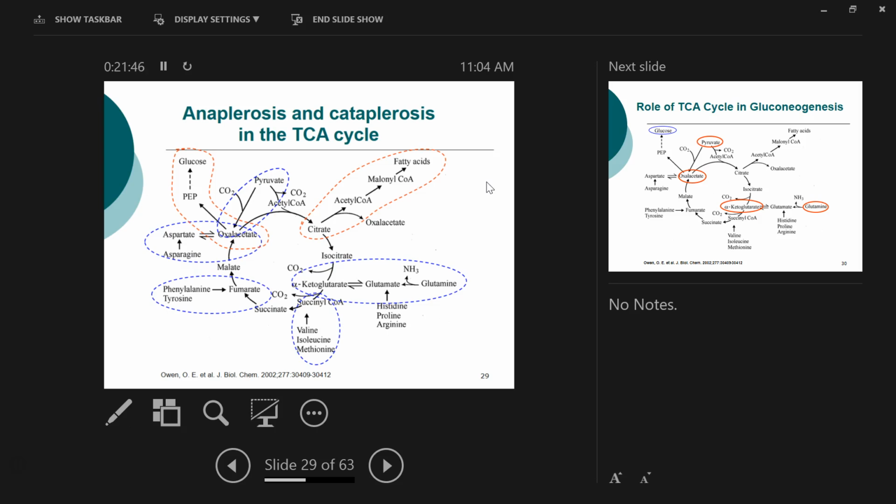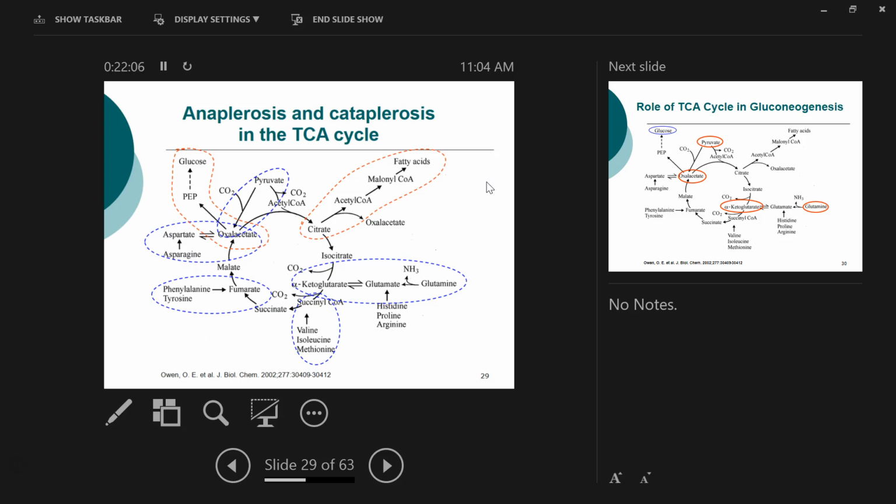For example, let me take glutamine and glutamate, which usually contribute an alpha-keto group to the TCA cycle, adding it into the TCA cycle, and similarly for the other blue highlighted reactions.